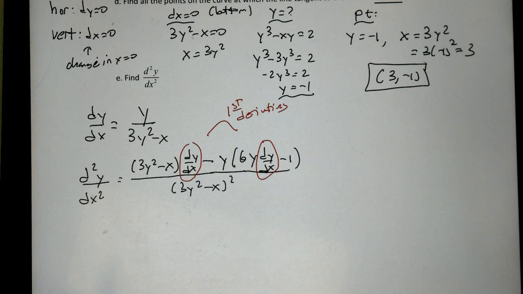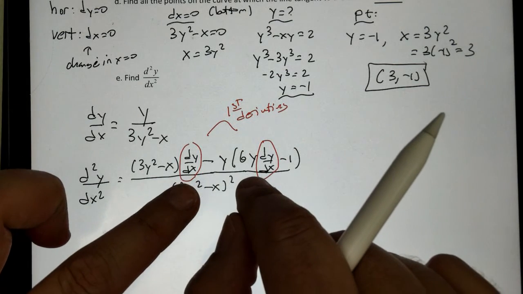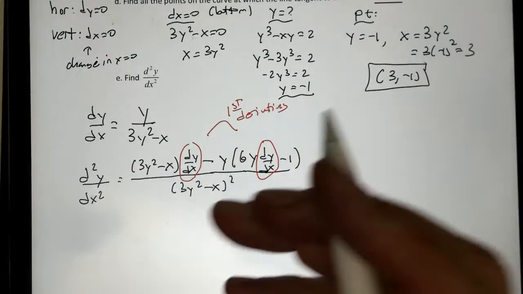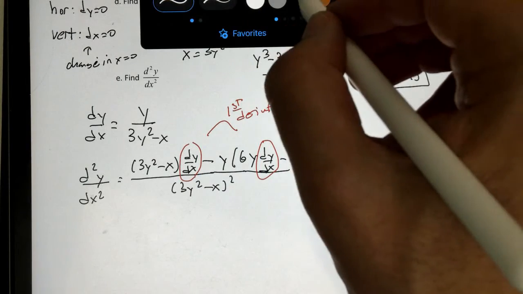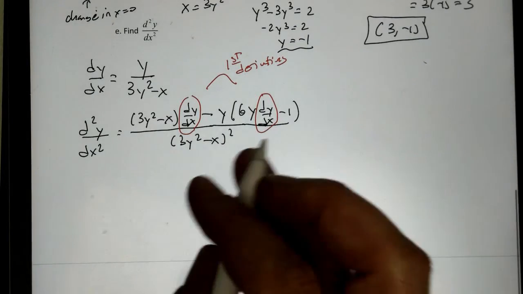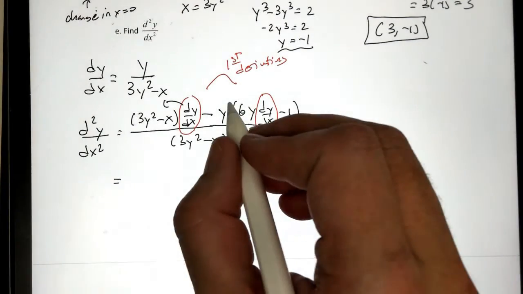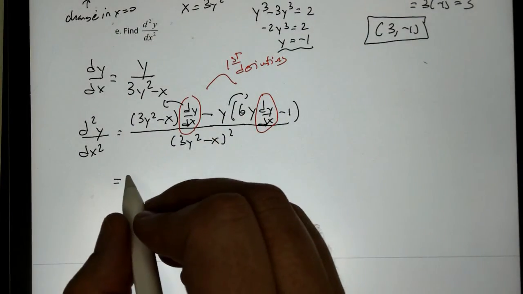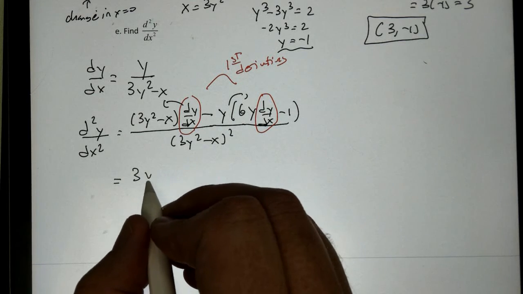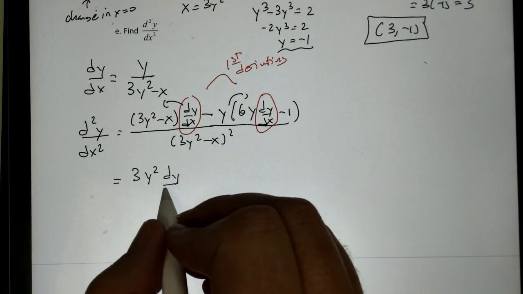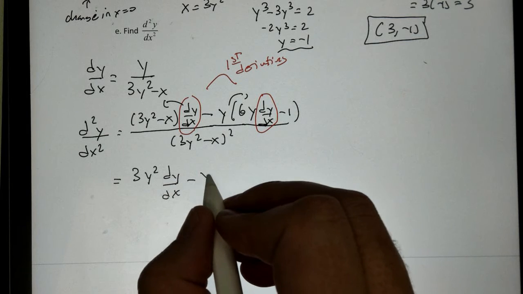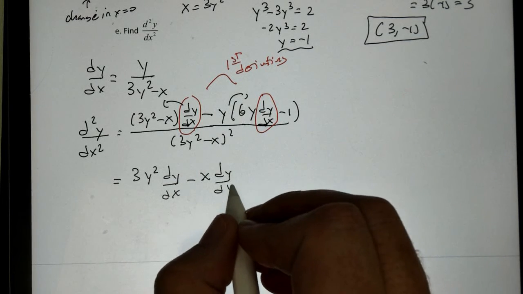Now I have an option. Option 1, I can replace them if I want to, but that seems kind of tedious. That's an extra step. So one other thing I can do is just distribute. I do want to distribute anyways, and that's going to get rid of my parentheses. So this is going to become 3y squared dy/dx minus x dy/dx.